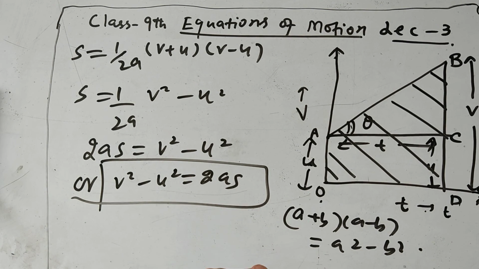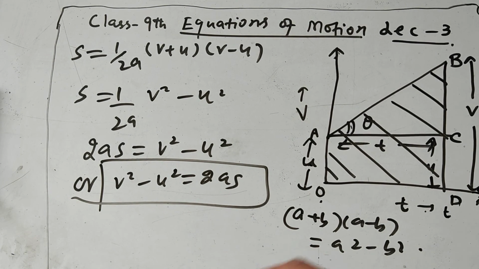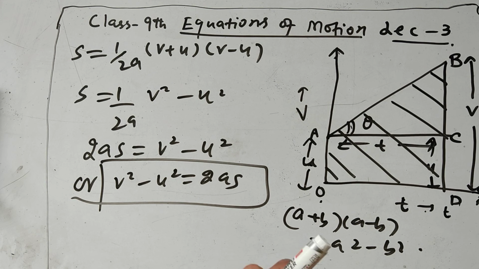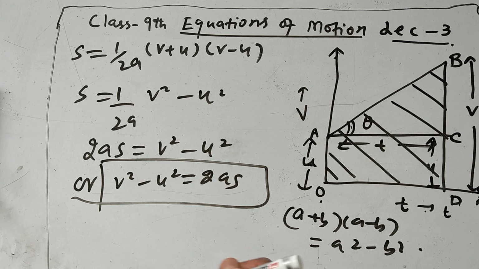For example, if we have to find the distance traveled, or the initial velocity, final velocity or acceleration, you can use these equations accordingly, whatever you require in the question.